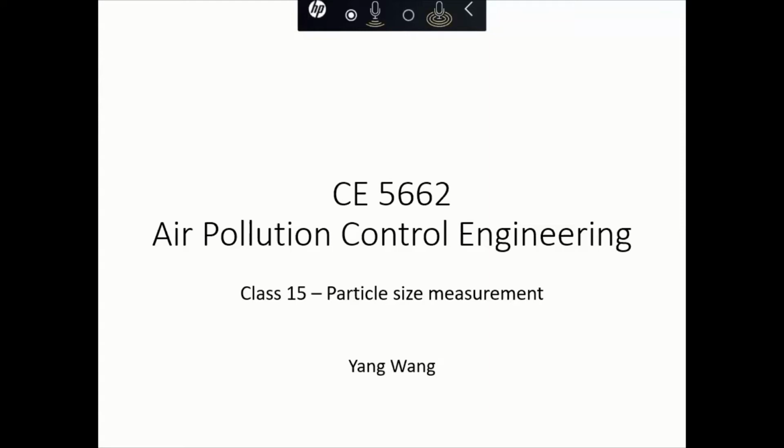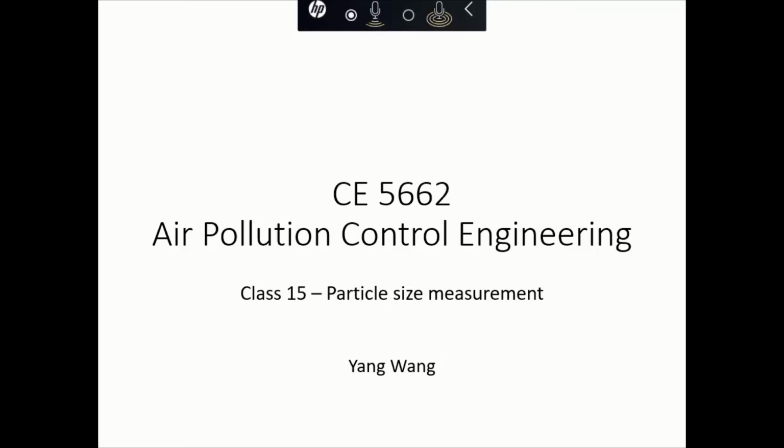For example, if the particles are large enough, they can just settle down by gravity and we don't even need to care about that. If the particles are very small, they will have a higher penetration through a lot of the control devices. That's why particle size is very important.